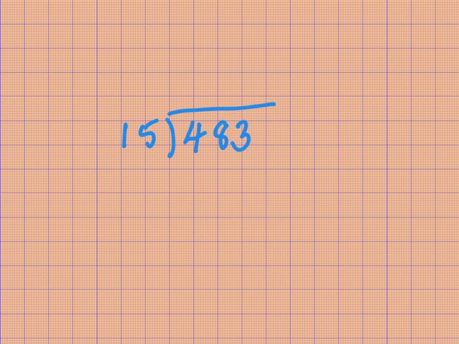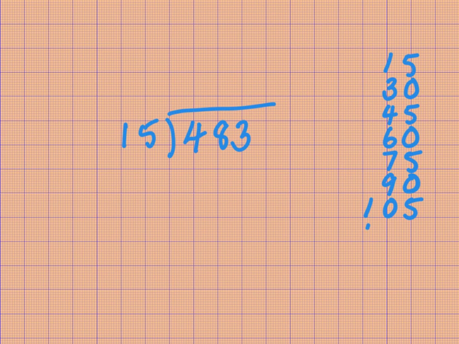I'm going to start in the exact same way, so I'm going to write out my times tables. 15, 30, 45, 60, 75, 90, 105, 120, 135, 150. This time, I break down all of the steps and I write down every single thing that I do.